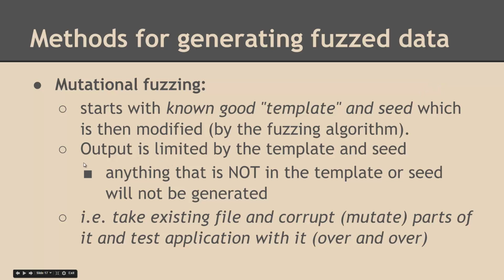Now, the output of a mutational fuzzing strategy is only as good as the mutator and the inputs. This fuzzing strategy can't figure out new inputs unless it gets lucky. And it is strictly limited to the features captured by the sample body of inputs, or the seed files, otherwise known as a corpus.